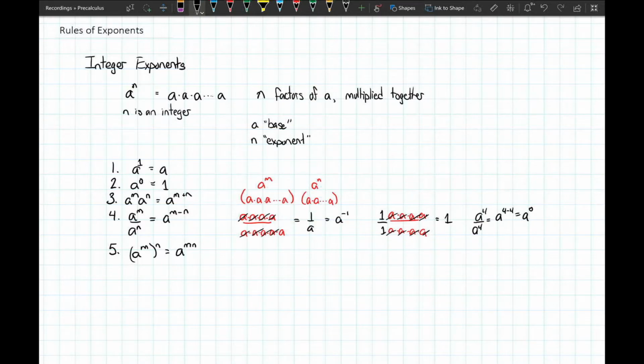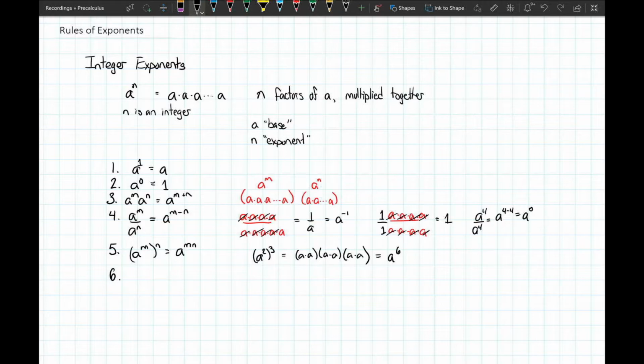You can try to understand how that works, again, just by writing out a whole bunch of a's, and then taking that in brackets and multiplying it by itself a whole bunch of times. For instance, if you did a squared cubed, you could write that as a times a, instead of a squared, and then you have to cube that. We'll write it out 3 times of the same factor, and in the end, that's the same thing as 6 factors of a. This is an example.